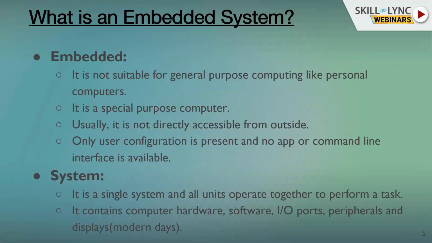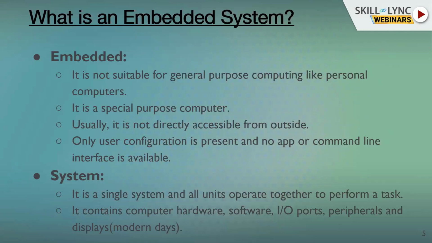For example, you would not be able to do general purpose computing on it, just like you do on your PC. It will probably be a very special purpose computer doing just one thing, but doing it extremely well. That is the whole idea of an embedded system. You give it a certain purpose and it does that extremely well, and it doesn't do anything else.